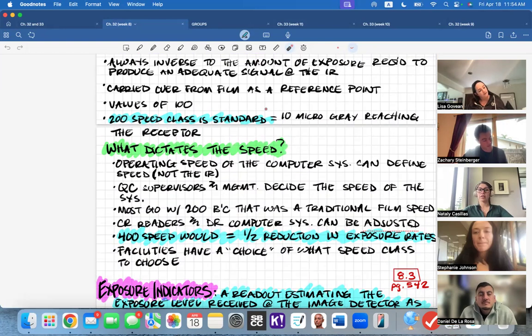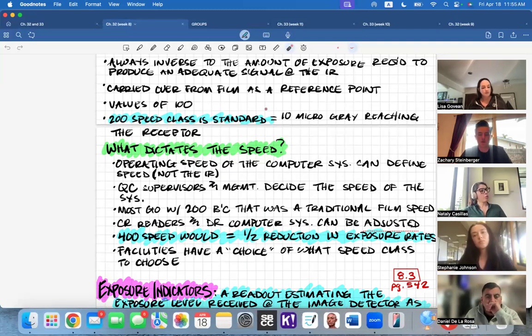They nearly all can be operated on a speed class of 300 to 400 without the appearance of substantial mottle in the image. So there's no real reason to choose a lower speed class other than that's just what the radiologist likes. I think that's what Professor Steele was trying to get at.